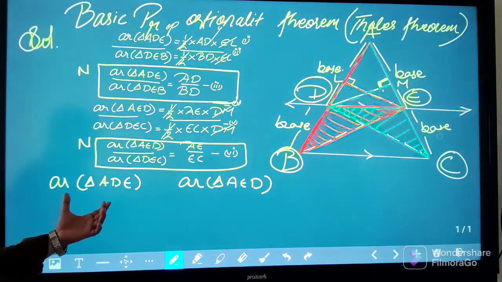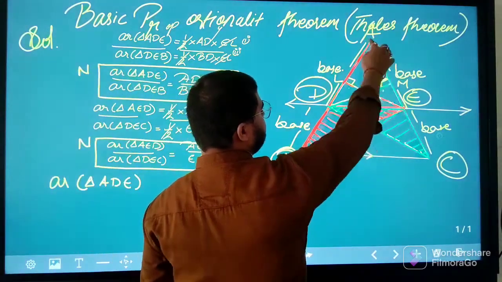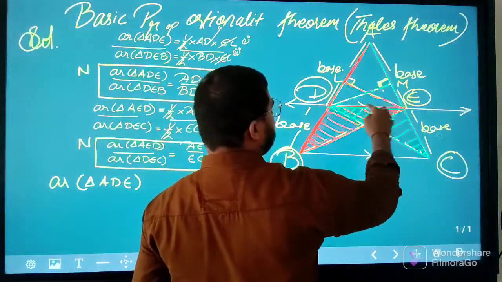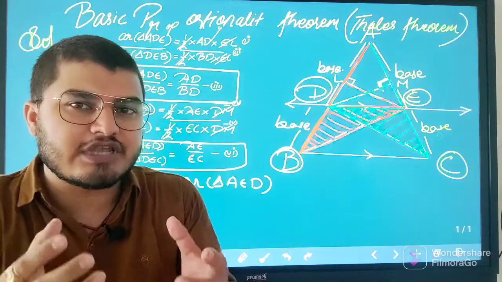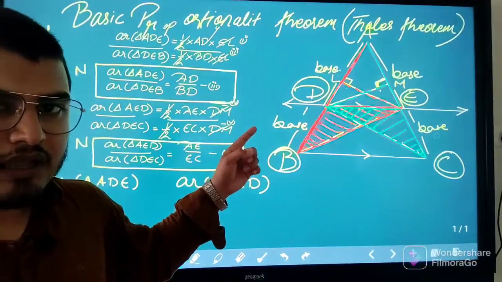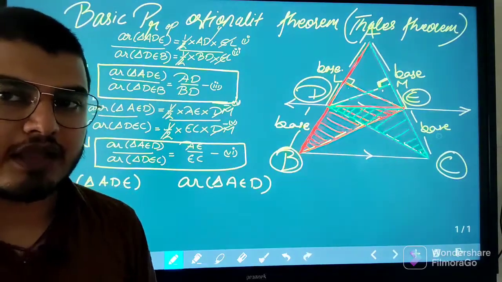So guys, please tell me ADE. Can you see the triangle ADE? And AED, can you see the triangle AED? Are these two different triangles or the same triangle? ADE and AED, are these two different triangles or same triangle?